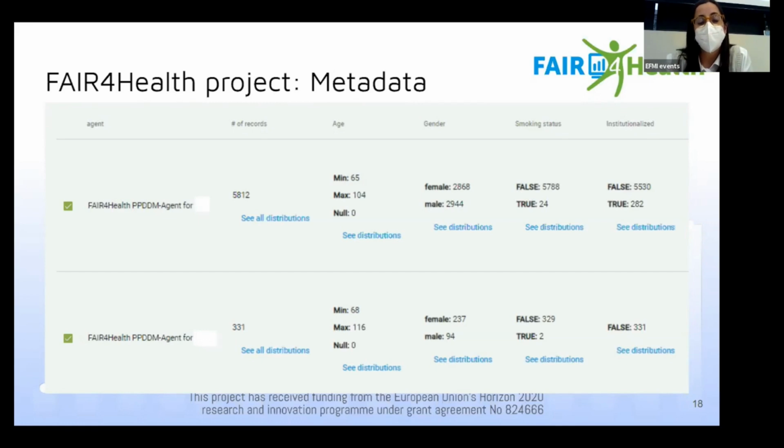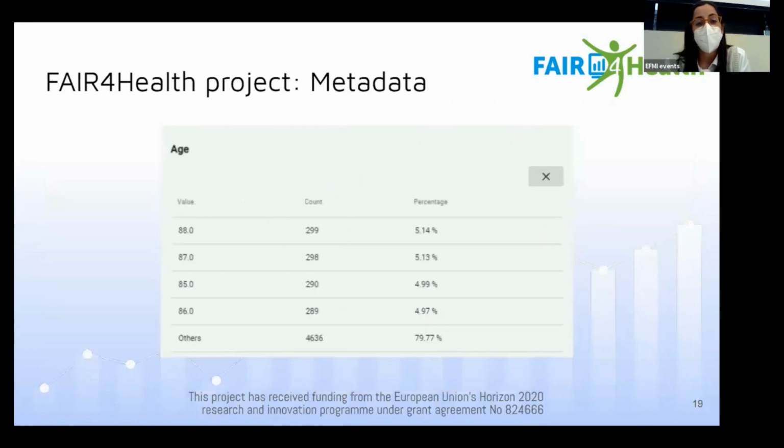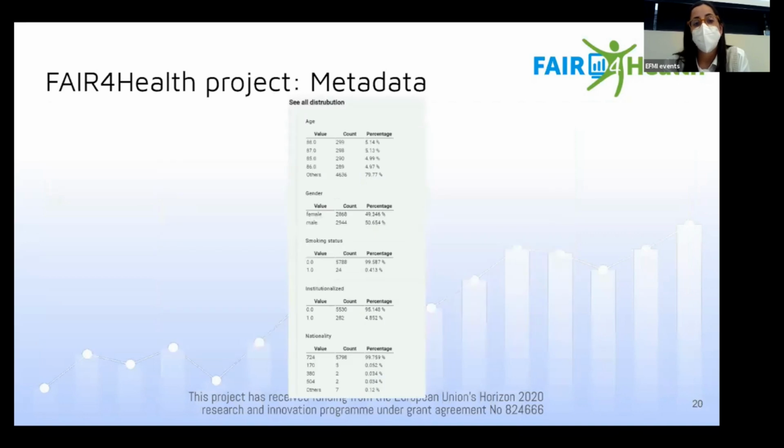Also, if we click on this blue button, see all distributions, for each variable we can see more information. For example, for age, we can see how many patients are 18 years old and what the percentage is. This information is for each clinical variable, and we can also see all distributions of each data set.